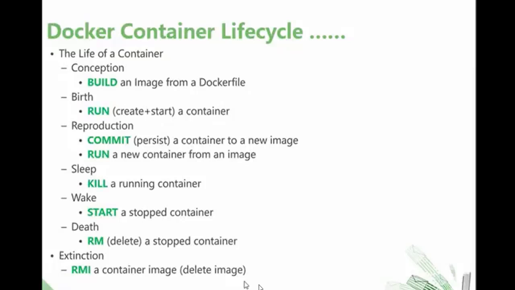From the Dockerfile we can build our Docker image. Then run, which means create and start the container; a run command we have to use. Then reproduction, which means we can commit a container to an image, or we can run a new container from an image.